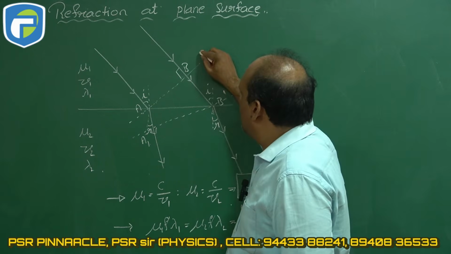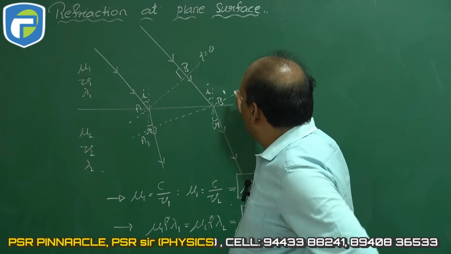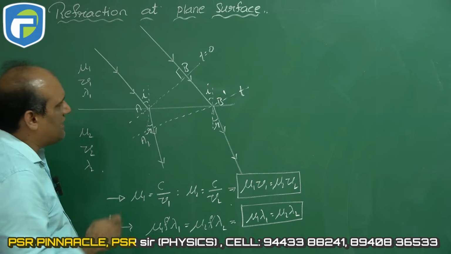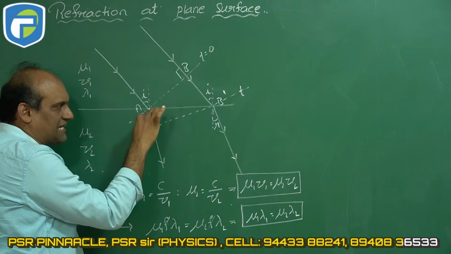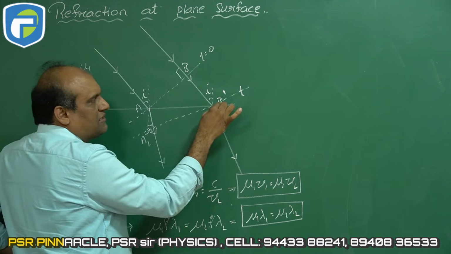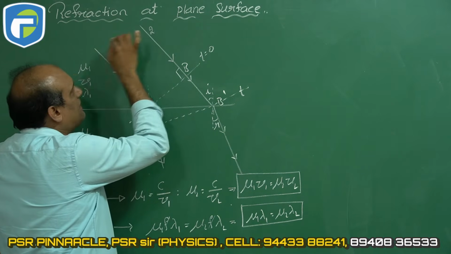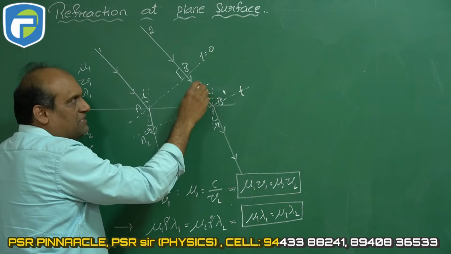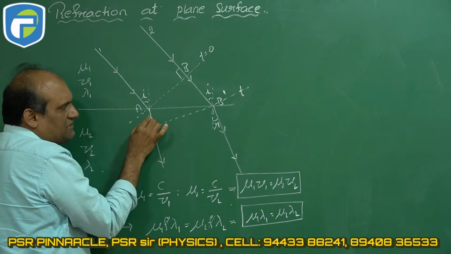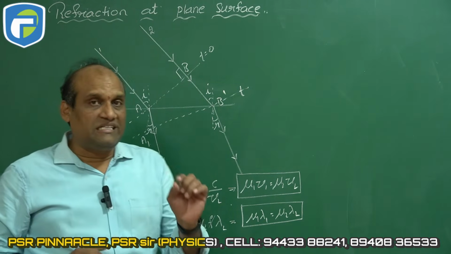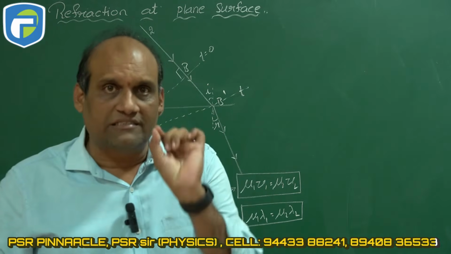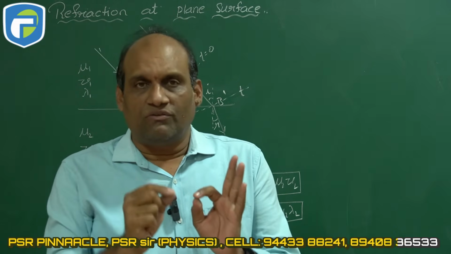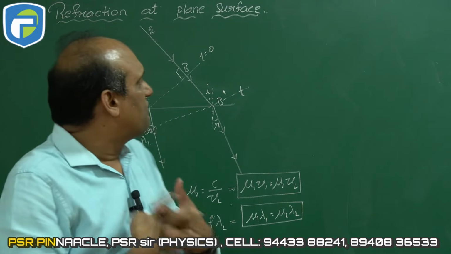And you see here T0 and this is the time T. So in the time T, the first light ray is in the second medium. I am taking this as the second light ray, and this is the first light ray. The second ray is in the first medium. It travels with the speed v1 and the other travels with the speed v2. Because of the difference in velocities, refraction takes place.